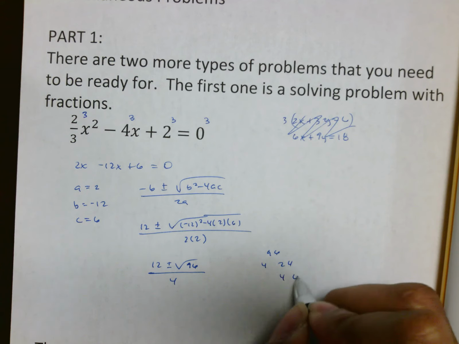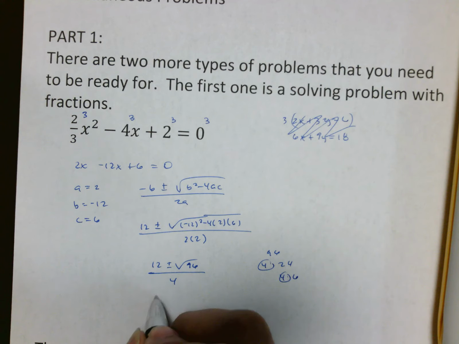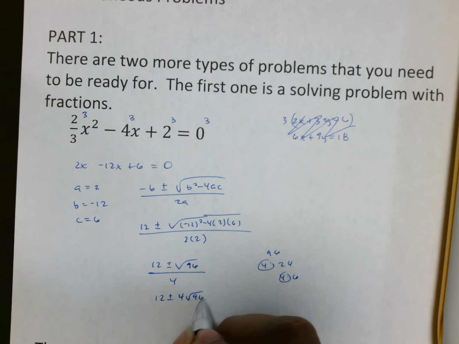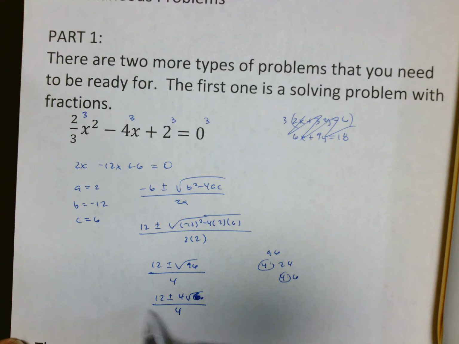And that is 4 times 6, which means 12, plus or minus 4 root 6, all over 4. And that ends up with these all being divisible by 4. So 3 plus or minus root 6 over 1. It's just 3 plus or minus root 6, because we do not put it over 1. So that would be how that works.